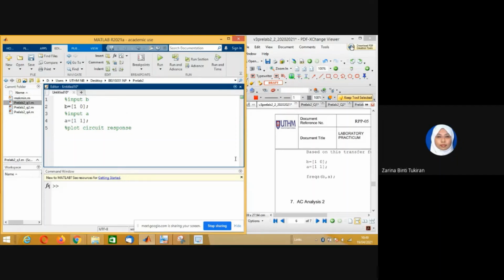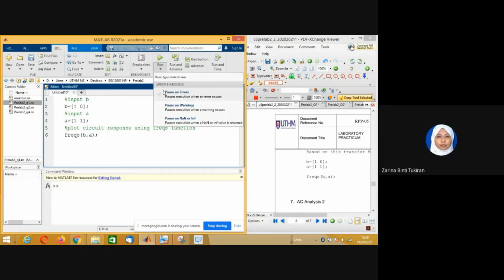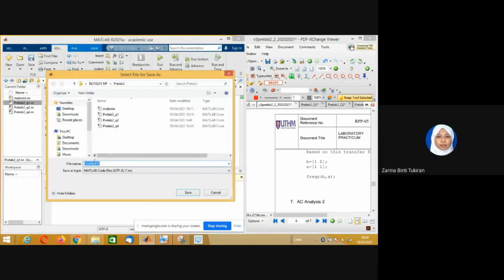In order to plot the circuit response, you need to use the freqs function. So in this case, freqs B and A, and save. This is question number 6.